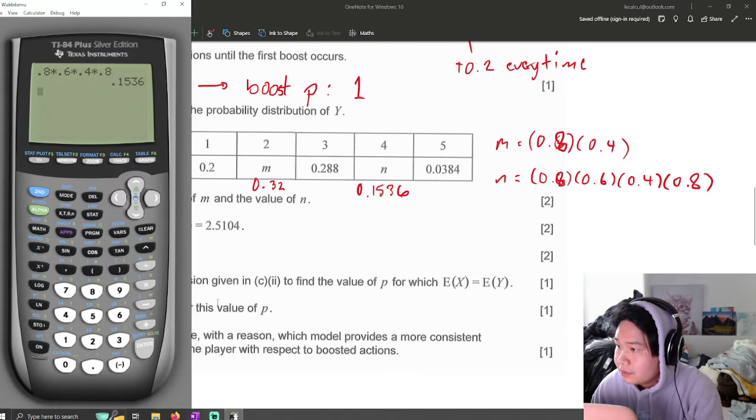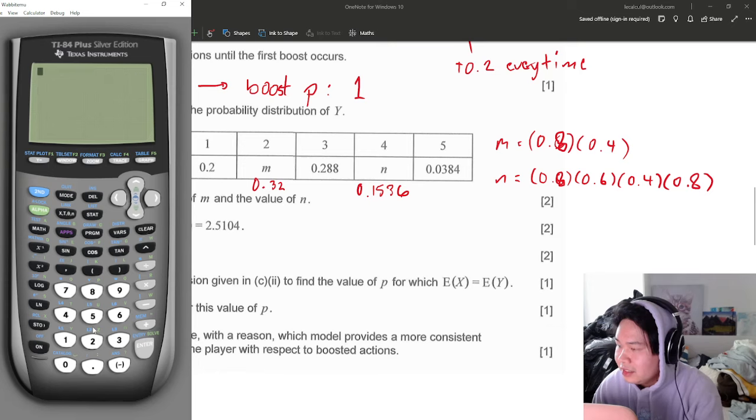Okay. And you don't have to do this, but I'm going to do a gut check and add all of these probabilities together and see if it sums to 1. Sick. Okay, there you go.